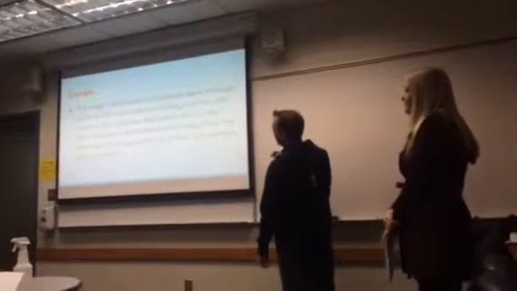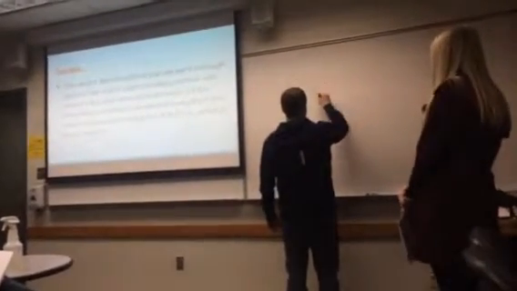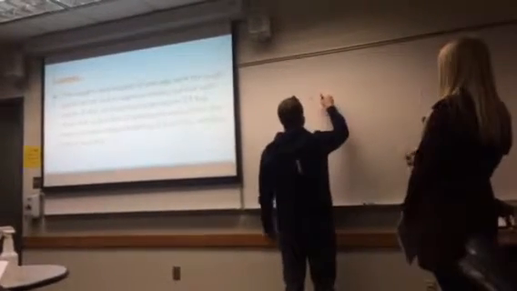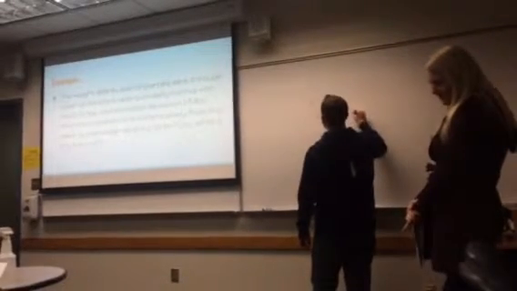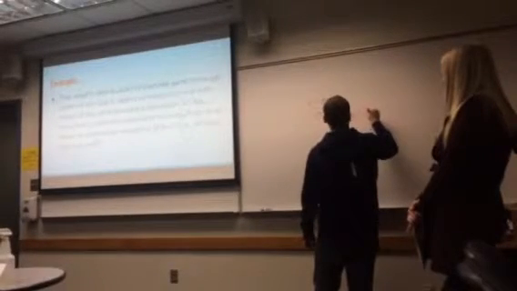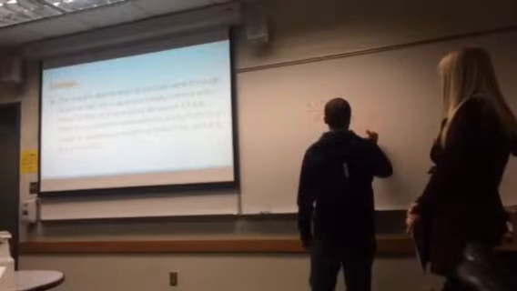So I'll write the formula down, z equals x minus mu over sigma. So 16 is what we have, and then the mean is 12, over 3.5.